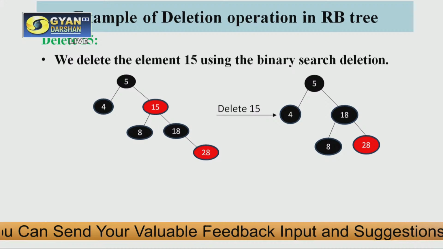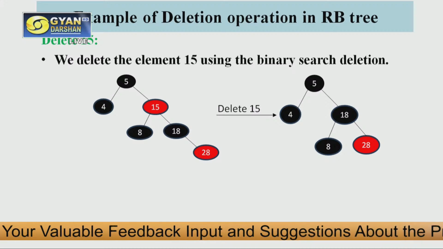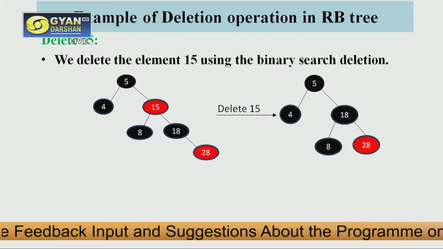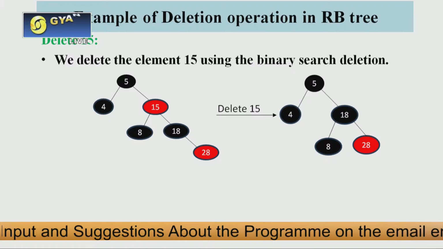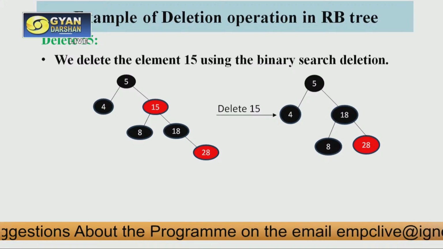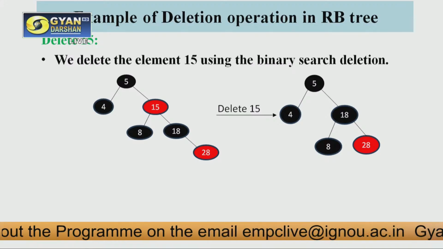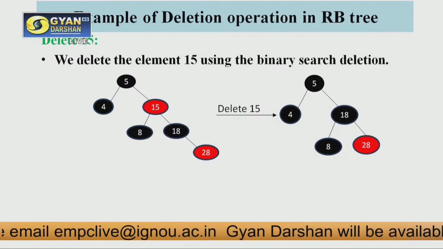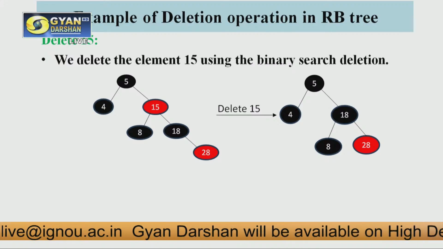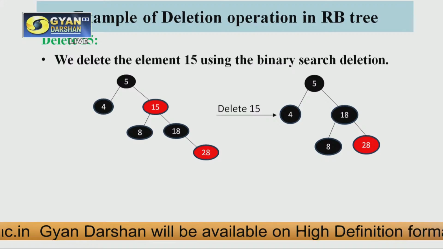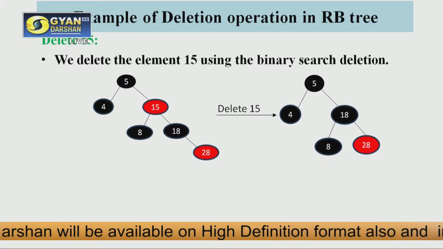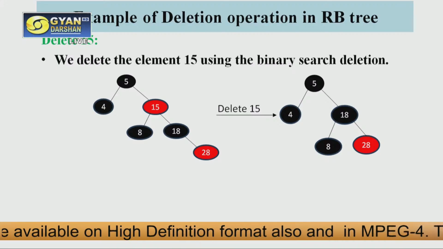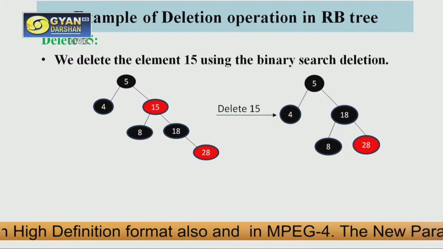But we can see that this is not a proper red black tree. Though it is a binary search tree, it is not a red black tree. Why? Because every path does not have the same number of black nodes. The left path from 5 to 4 has 2 black nodes.